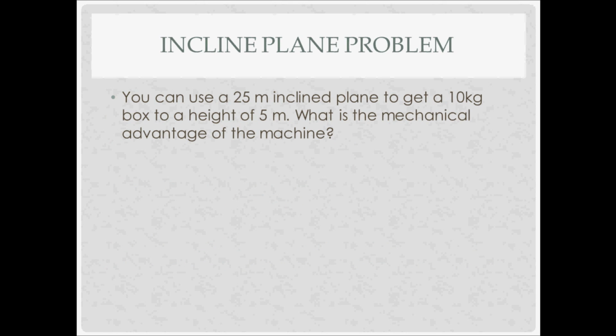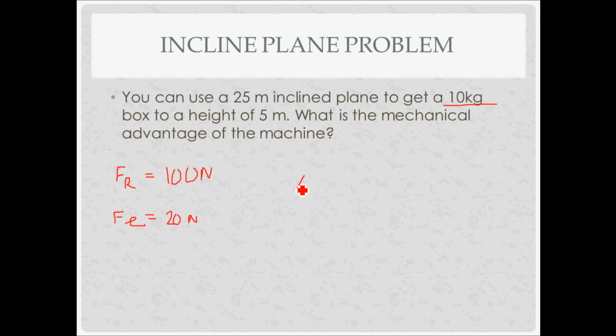Alright, so if you go back to the problem that we had already figured out, this is the same problem we just did, our FR was the 10 kilograms times 10, because you're lifting the box up off the ground, so that's 100 newtons. And then when we calculated it, our FE was only 20 newtons.